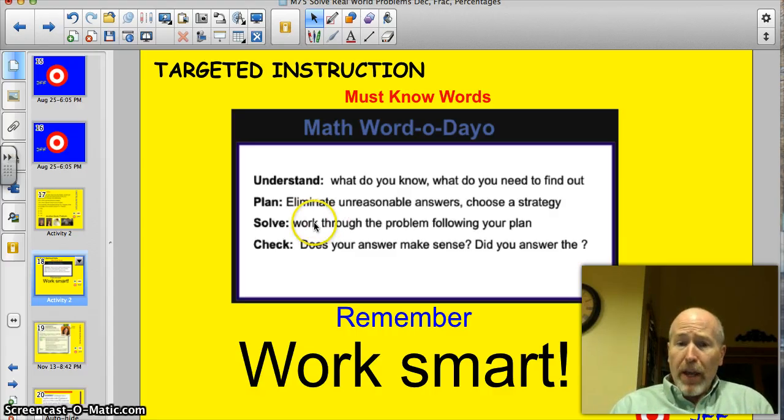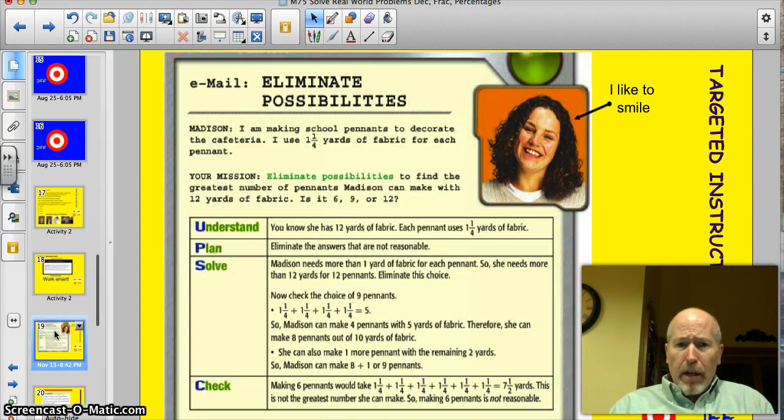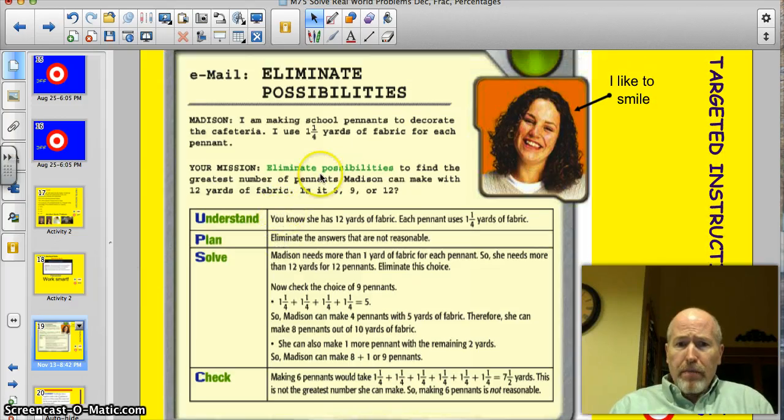The solve phase is where you actually work through that problem, following the plan that you set up. And then checking. Check to see if your answer makes sense. And did you answer the question? Oftentimes we get so into the problem solving that we forget what the original question is, and we don't answer that.